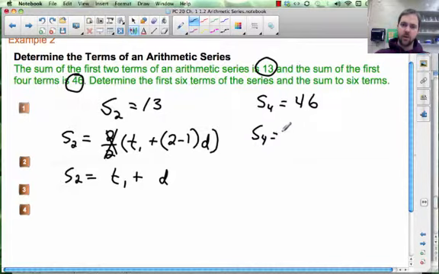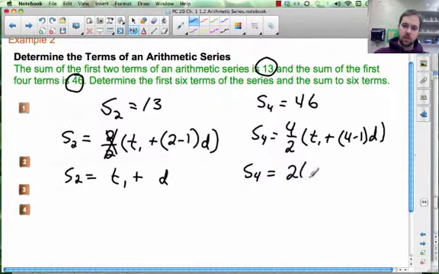Let's look at S sub 4. S sub 4 would have been found as 4 over 2, n is 4, times T1 plus, now again n is 4, so 4 minus 1 times the common difference d. So S sub 4 would be 2 times T1 plus 4 minus 1 is 3 times d is 3d.